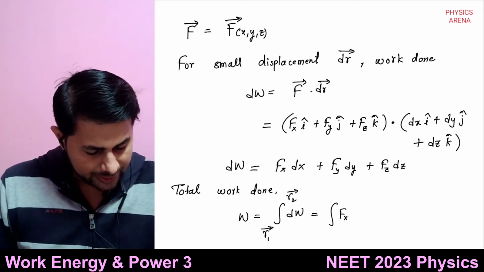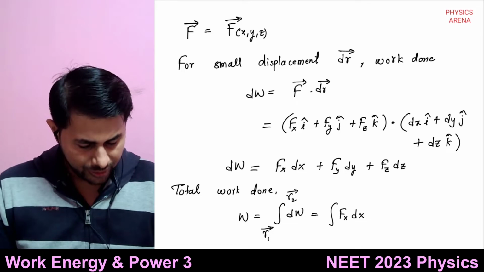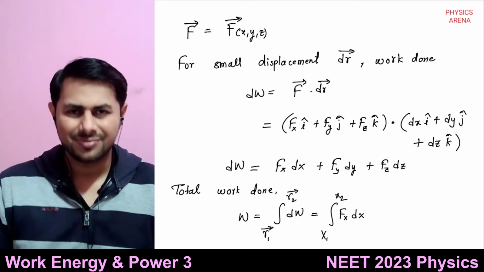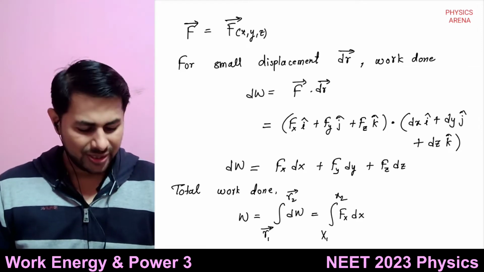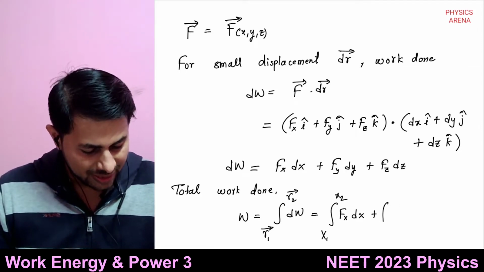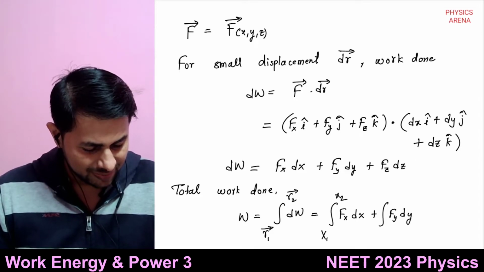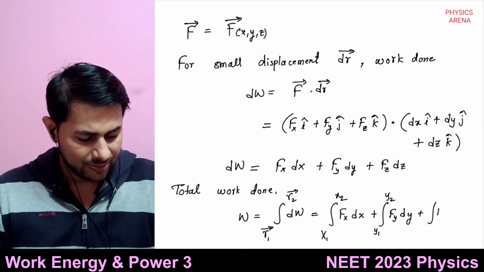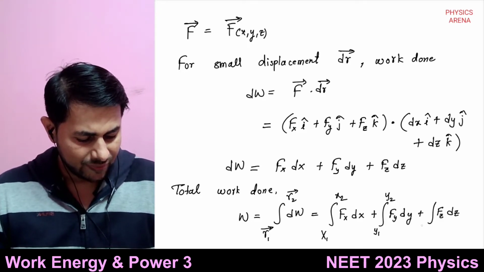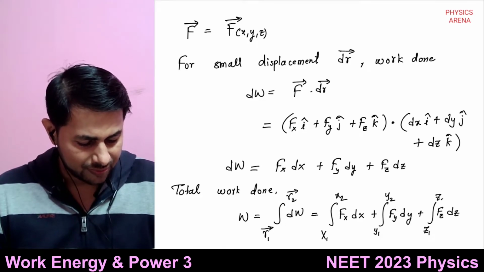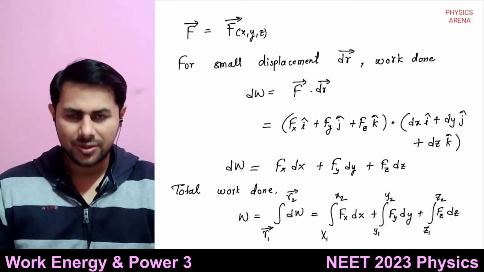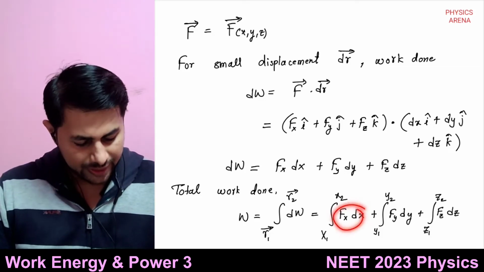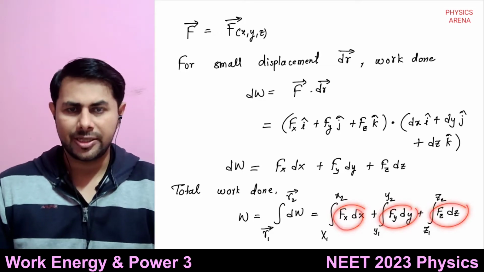It is the integral of Fx dx from x1 to x2, from the initial x coordinate to the final x coordinate, plus the integral of Fy dy from y1 to y2, plus the integral of Fz dz from z1 to z2. It will have these three integrals, one for the x direction, one for the y direction, one for displacement in the z direction.